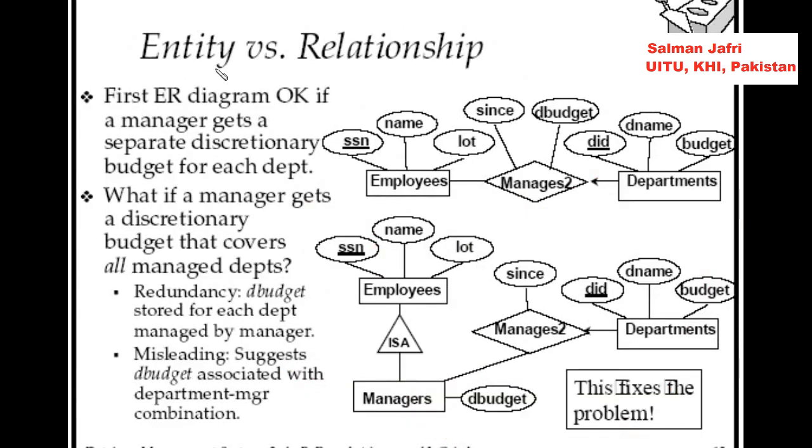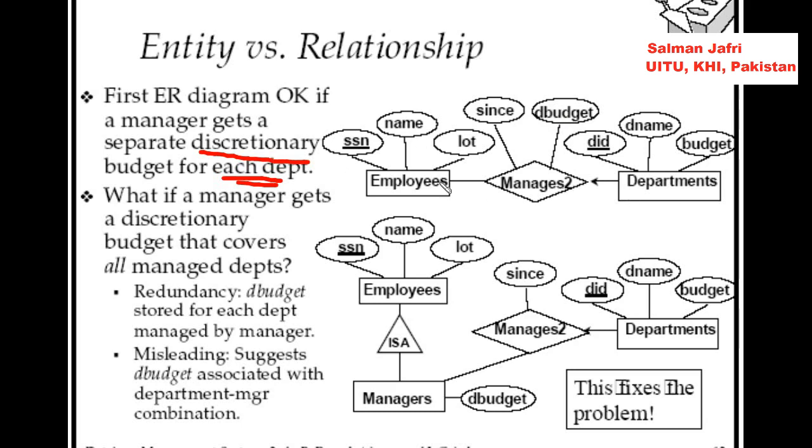Again, another note about entity versus relationship. Within employees, and this is manages relationship between employees and departments, the first diagram is okay if a manager gets a separate discretionary budget for each department. If the employee gets a different budget for each department, these different values would be stored with managers, so it is okay.